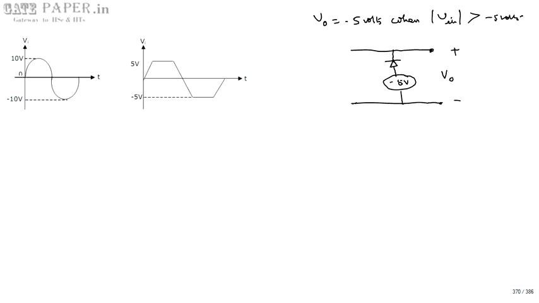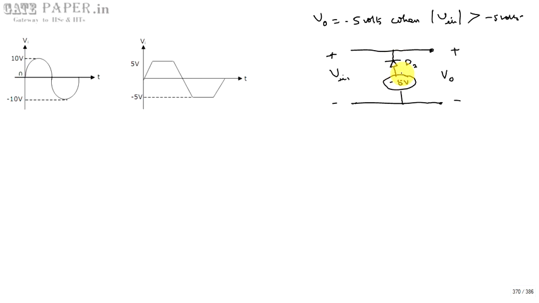There must be a diode D2 that should be forward biased for the values of V input in magnitude greater than minus 5 volts. So if you apply V input in this way, for the values of V input greater in magnitude than minus 5, minus 5.1, minus 6, minus 7, minus 8, like this, then this diode D2 is going to be forward biased, because on the N side you are applying a more negative voltage than on the P side.